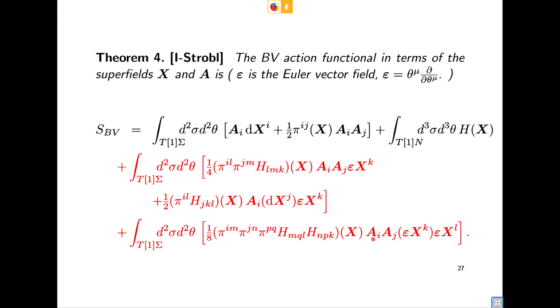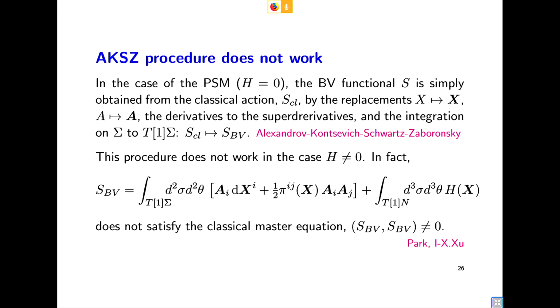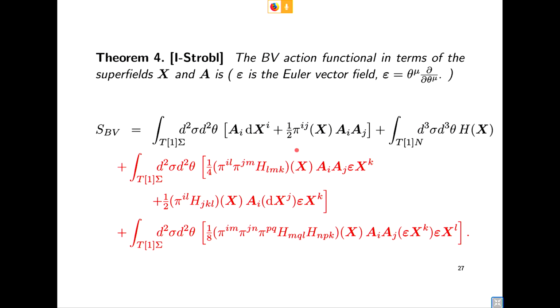This is our main result. The first line is the naive BV action. This is this one. And we need to add these terms for the correct classical BV action.